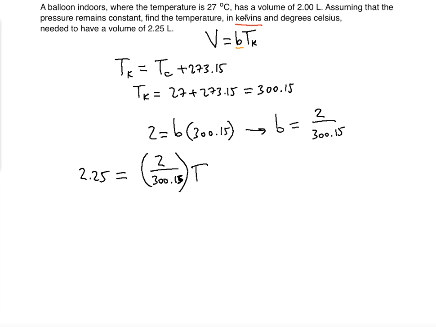And it's good because we need to find the kelvins first before we find the degrees Celsius after that. So the temperature in kelvins here that we're solving for is equal to 2.25 times 300.15 divided by 2. Algebraically, that's how you isolate T, solve for T.